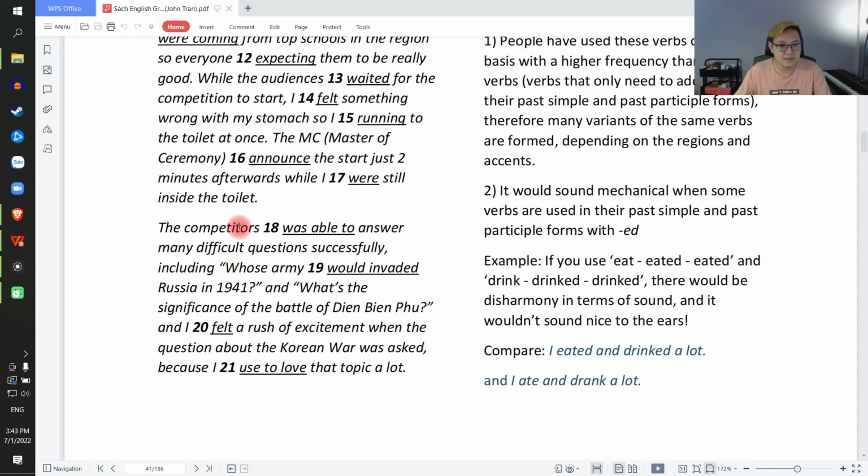The competitors were able to answer many difficult questions successfully, including whose army invaded Russia in 1941, and what's the significance of the Battle of Dien Bien Phu.